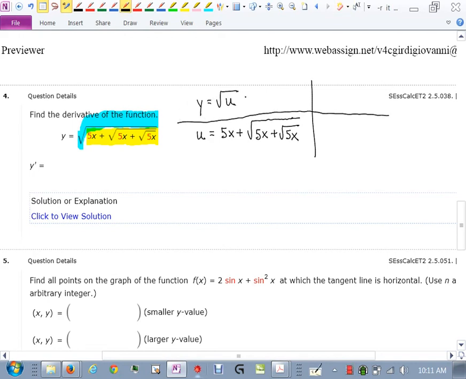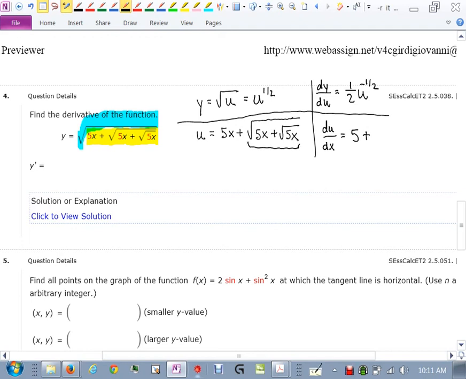So the derivative of this, remember this is u to the 1/2. So the derivative of y with respect to u is equal to 1/2 u to the negative 1/2. Okay, now if I try and take the derivative of u with respect to x, derivative of 5x is 5, plus, now I need the derivative of this.